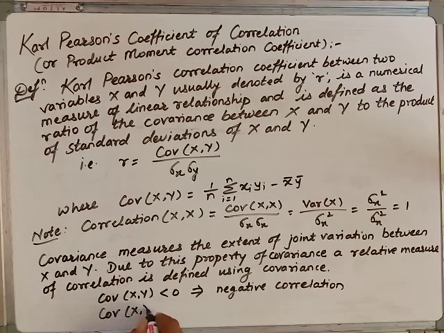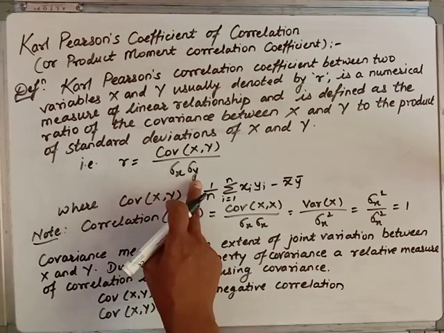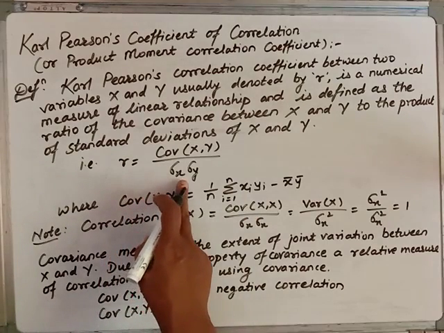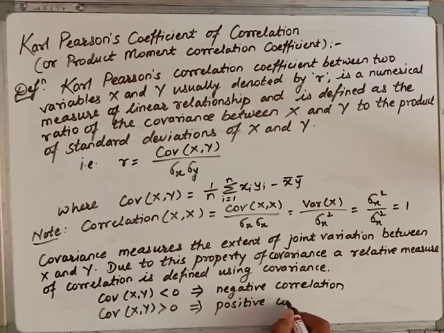It is always the positive square root of the mean of square of the observation minus the square of the mean of that observation. So if it is greater than 0, then it is positive correlation.